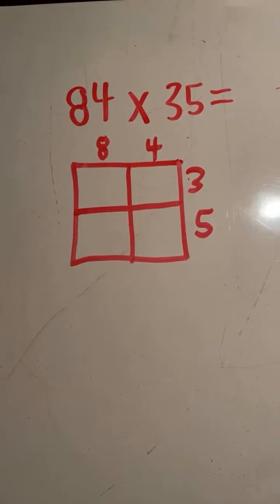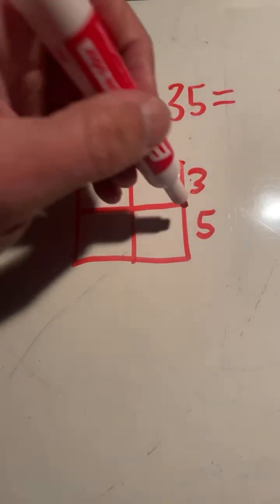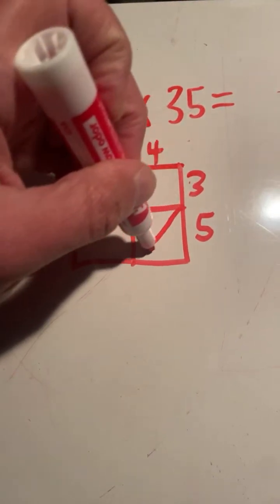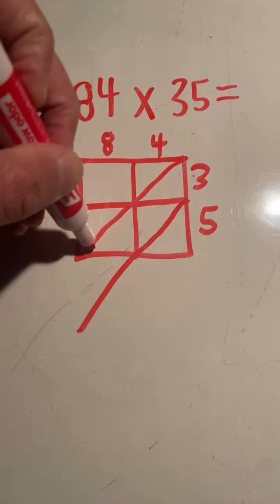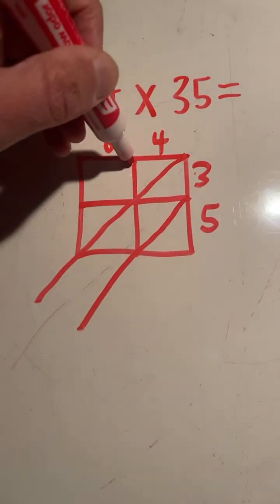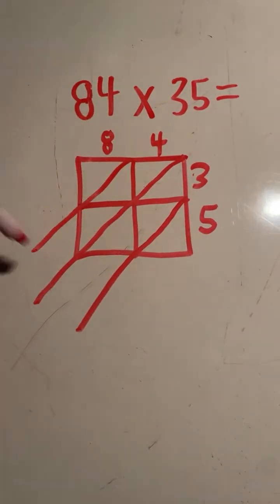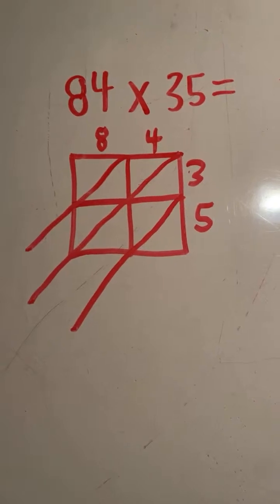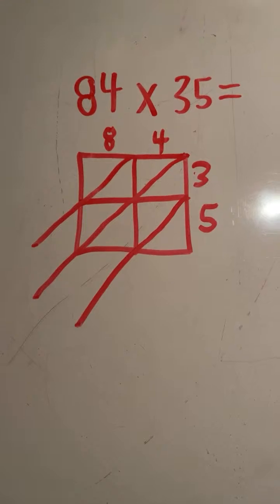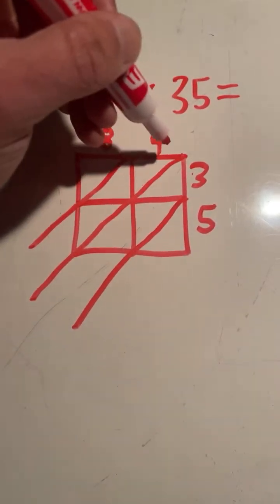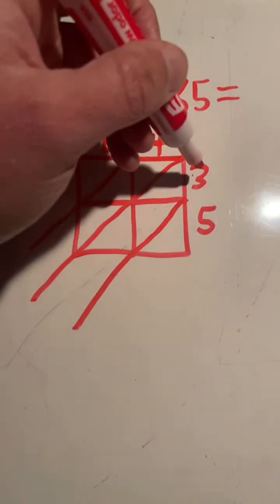Next, we are going to draw a line across each square, making our triangles. And now it is time to multiply. So in this top right-hand square, we're going to multiply 4 times 3.